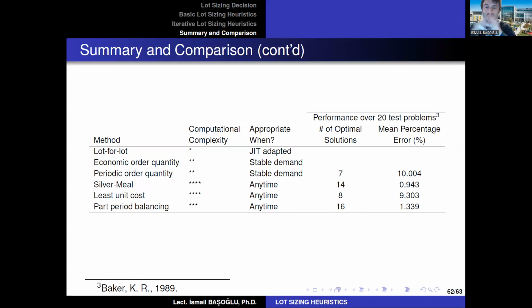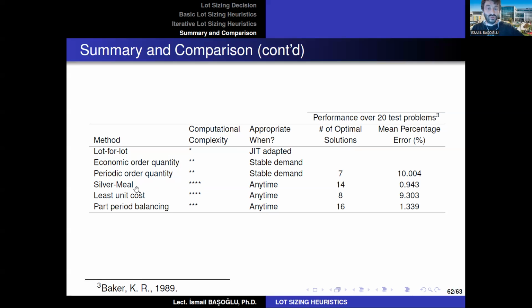But these are just estimations from this study. Again, we cannot simply generalize this study for any kind of demand profile, but these should give us an idea about the success of the silver meal and part period balancing heuristics. But here's the thing.